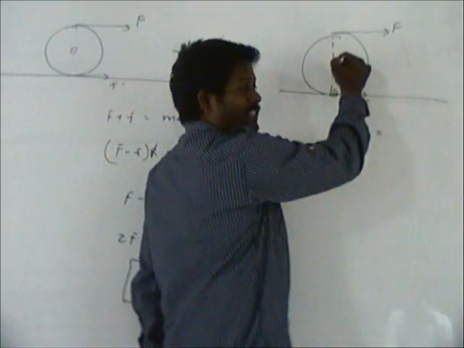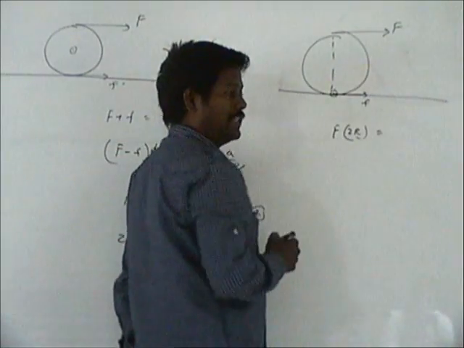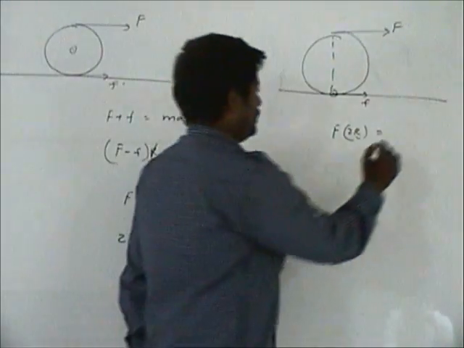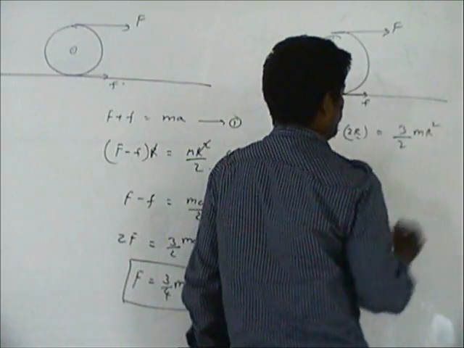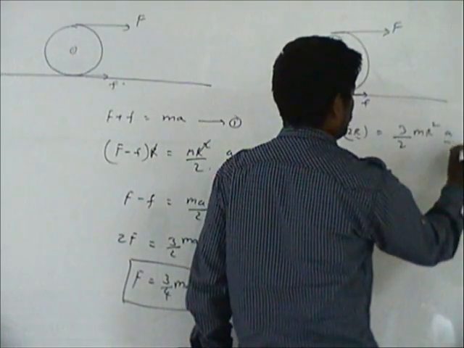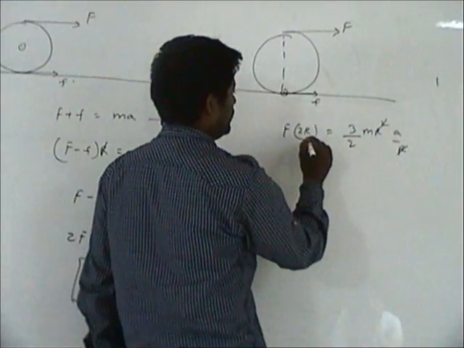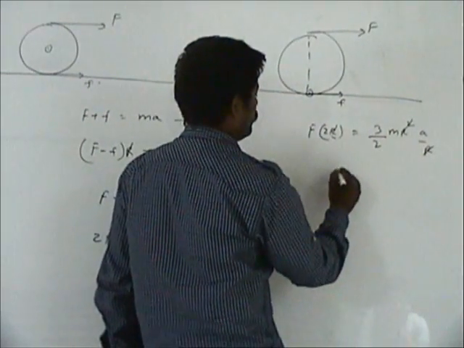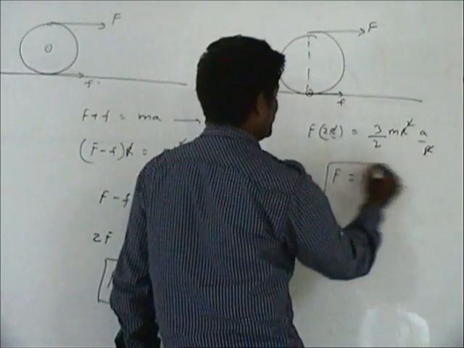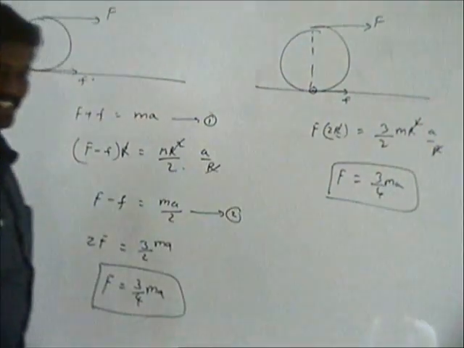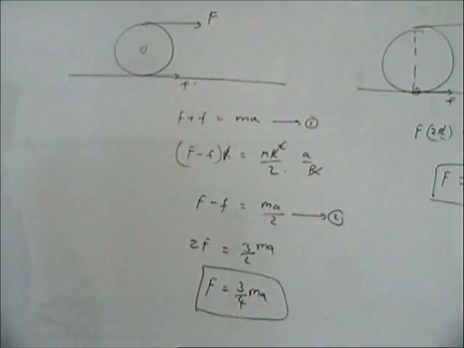So by the parallel axis theorem we can use mR square by 2 plus mR square, which is 3 by 2 mR square, into alpha. Alpha is a by R. One R gets cancelled and here R gets cancelled. Therefore F is 3 by 4 ma. So in one step we get the same answer for the force required, instead of taking the center of mass and two equations.